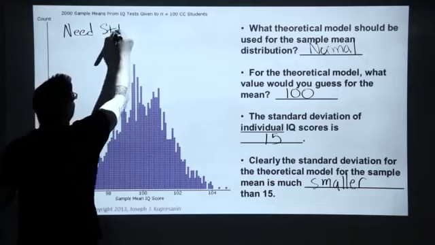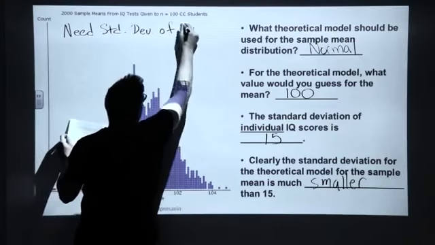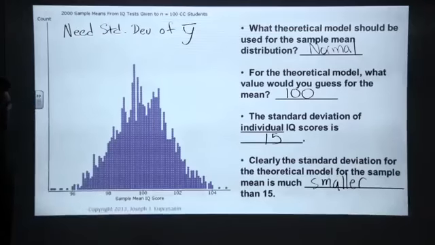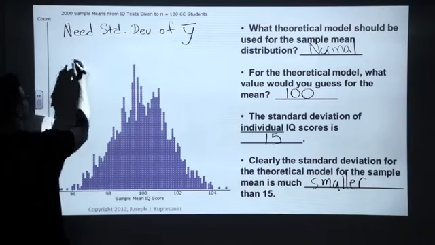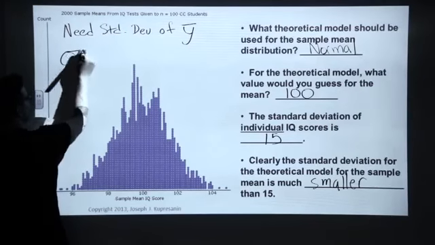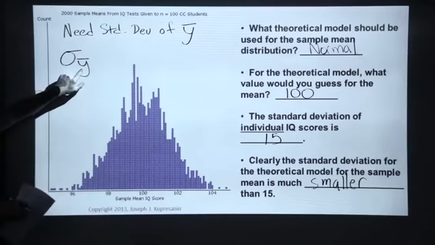I need the standard deviation of y bar. Know that difference. Y are individuals. Y bar is that sample mean from 100 IQ scores. Standard deviation of y bar, the symbols would look like this, sigma of y bar. It's a subscript, it's just a label.